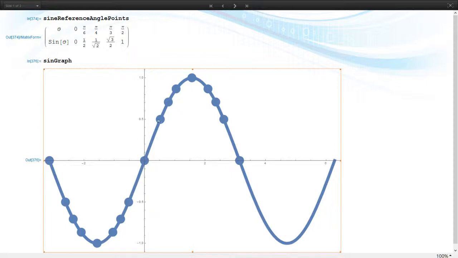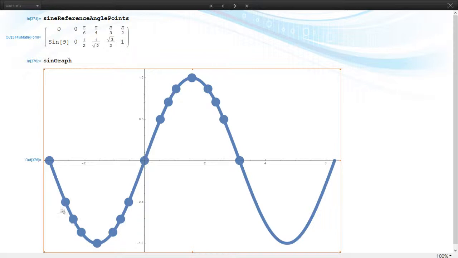And see, we hit these points in this particular order: 0, pi over 6, pi over 4, pi over 3, pi over 2. We'll hit them in reverse order here: 0, negative pi over 6, negative pi over 4, negative pi over 3, negative pi over 2. Remembering that in the fourth quadrant, all of the y values will be negative.